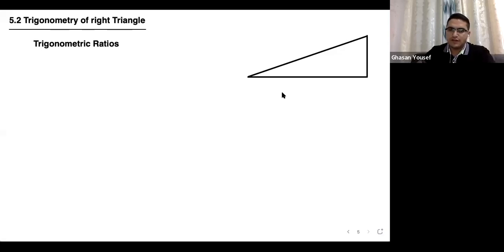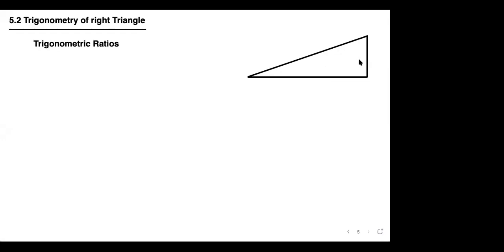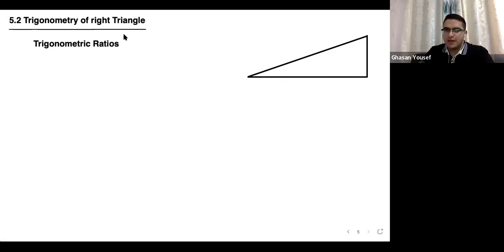Right triangle means I have a triangle, and one of the angles is a right angle.